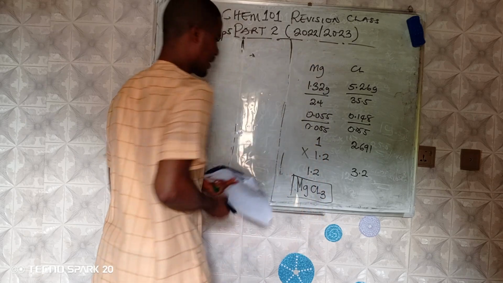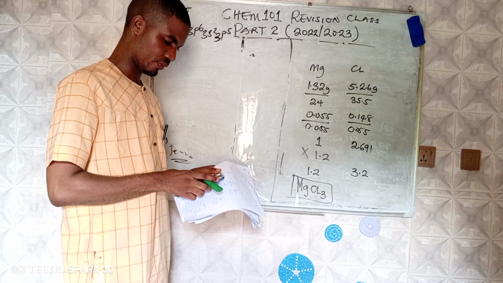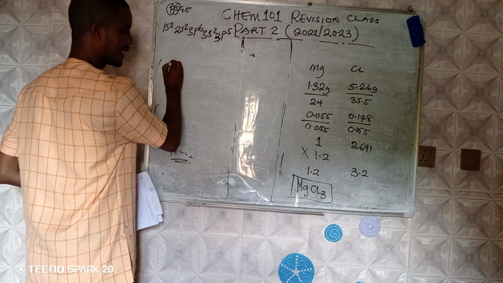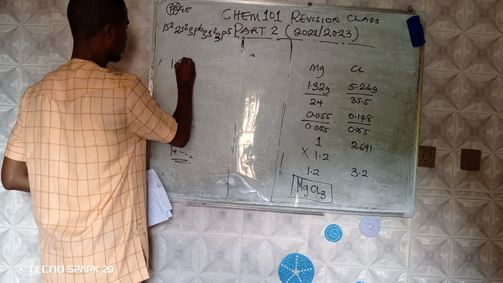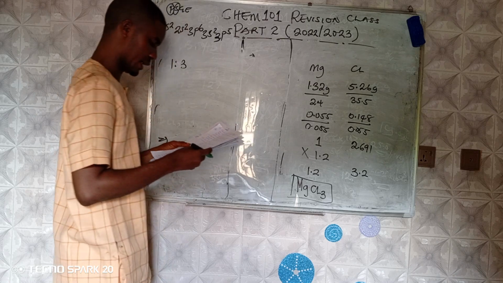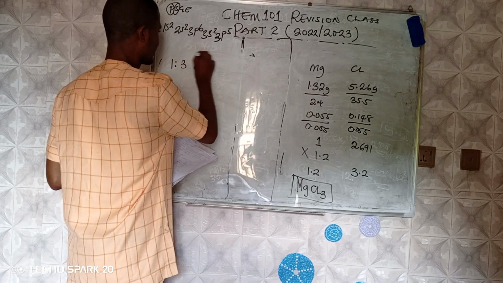This becomes the empirical formula. This thing is in the ratio of 1:3, so the ratio of 1:3 will give us option A.